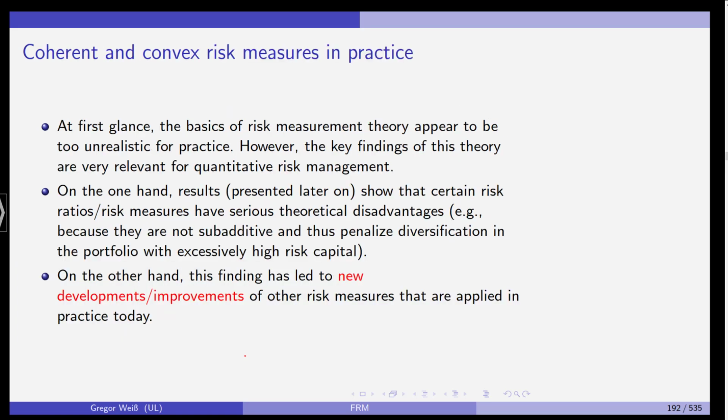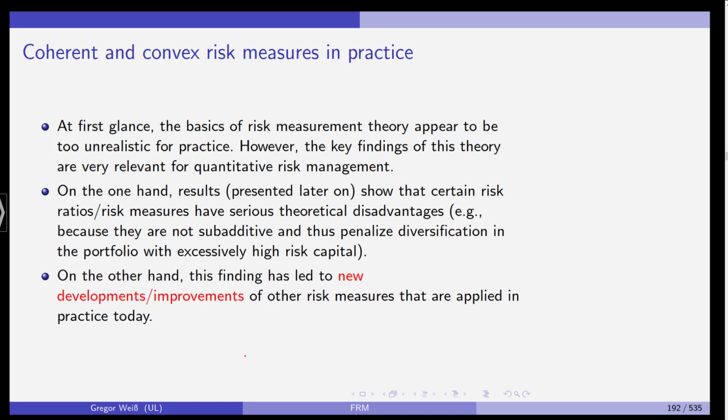Now this seems to be very theoretical, and it is. This is a pure mathematical theory of risk measurement. However, it's quite interesting to see how this actually influenced our thinking in financial economics on risk measurement, because one after one, all major risk metrics like value at risk, expected shortfall, volatility, and so on, were checked whether they actually satisfy these risk measure axioms, and one could see that some famous risk metrics don't fulfill one or two of these axioms.